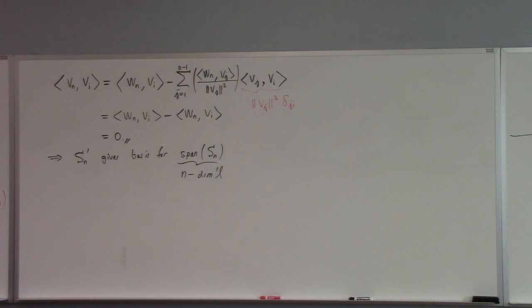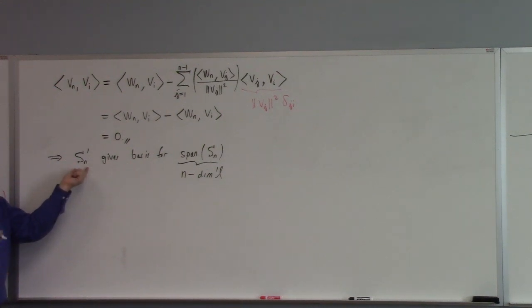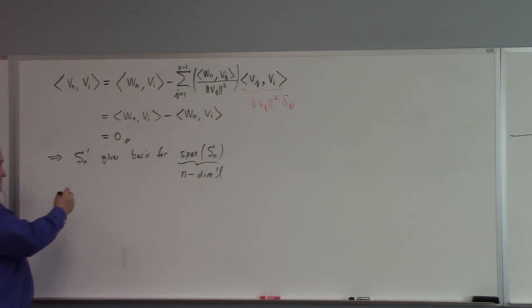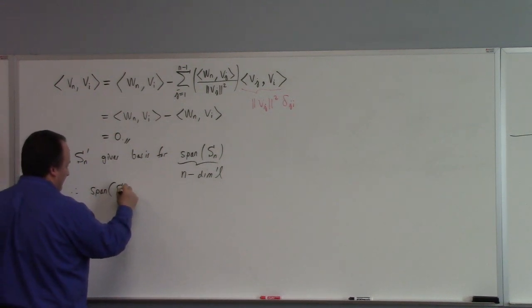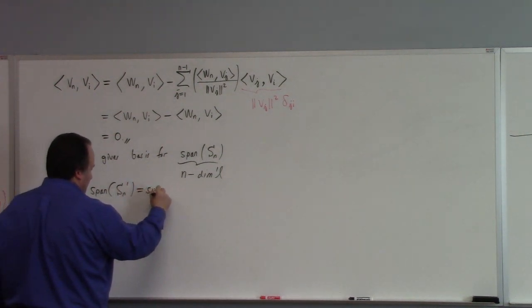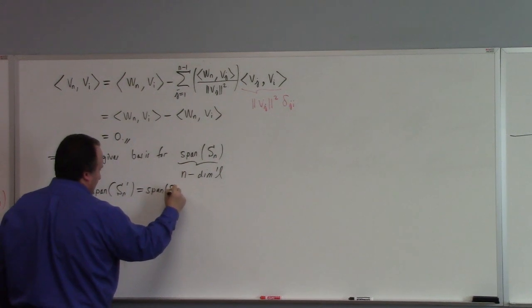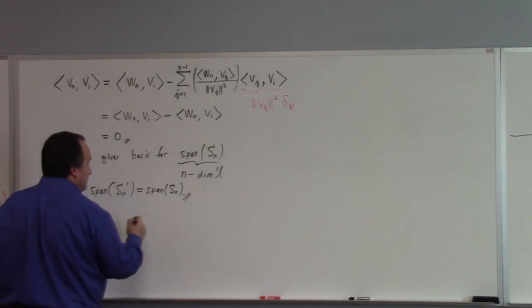We're forming the span. That's an n-dimensional subspace, right? This is another set of n vectors, which is linearly independent because it's non-zero and orthogonal. It's also clearly a subset of that span. Therefore, the span of Sn prime is equal to the span of Sn. And that completes the proof, okay?